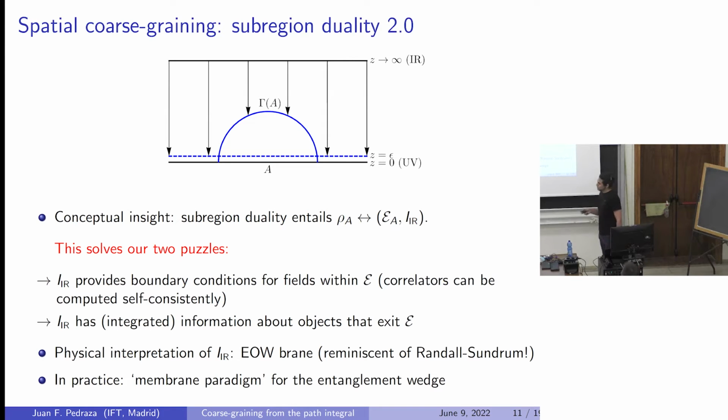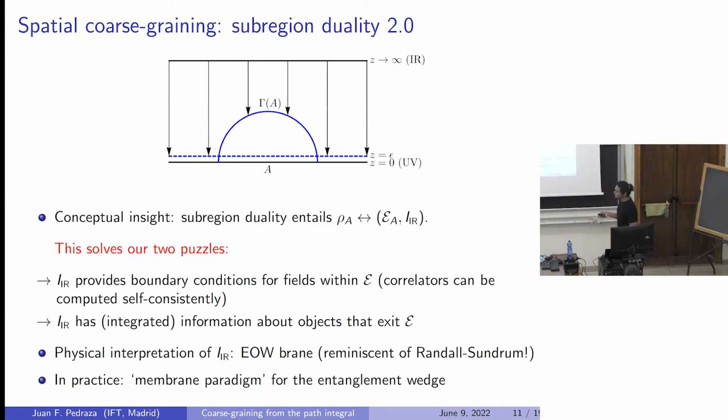One big conceptual insight here is that this more refined version of what we call subregion duality now entails this identification: the reduced density matrix will be dual to all the bulk fields that live inside the entanglement wedge, but now supplemented by this infrared action. We can understand it as follows.